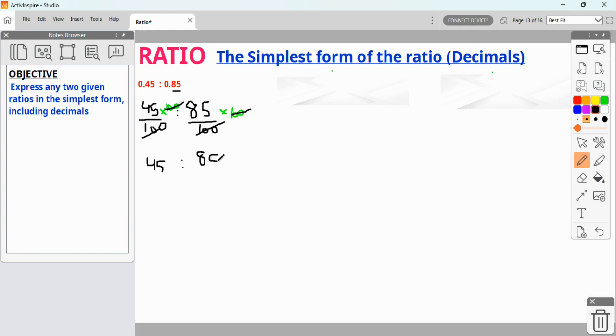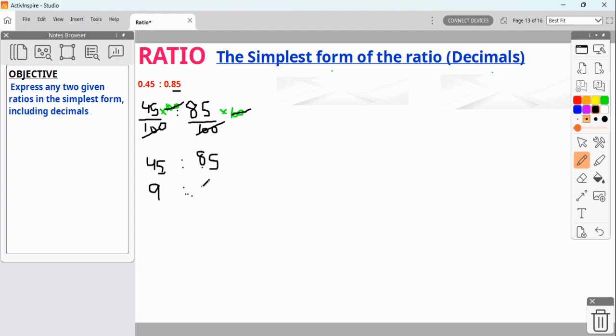Now we can check it, both are ending at 5. We know that any number ending at 5 or 0 comes in the table of 5, which means both these are divisible by 5. So 45 divided by 5 will be 9, because 5 times 9 is 45. And 85 is also divisible by 5.